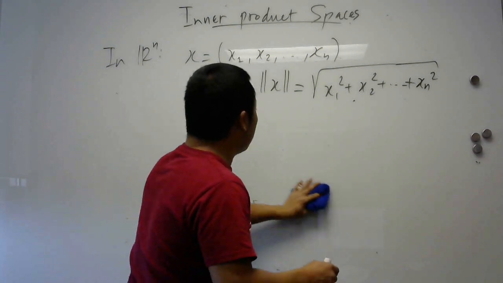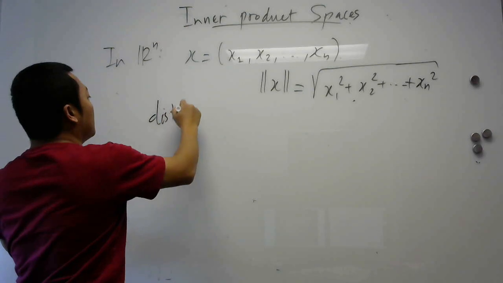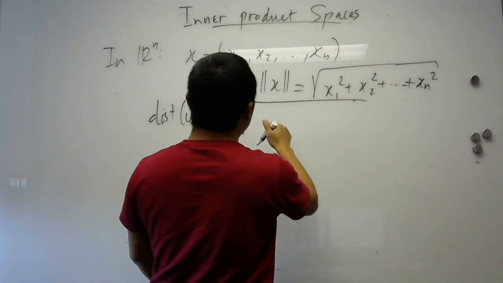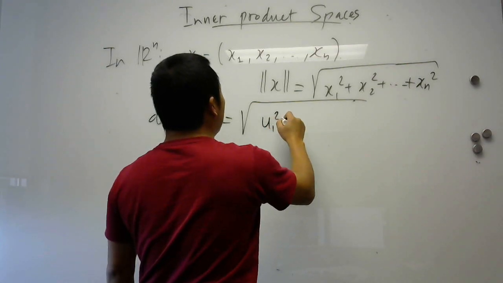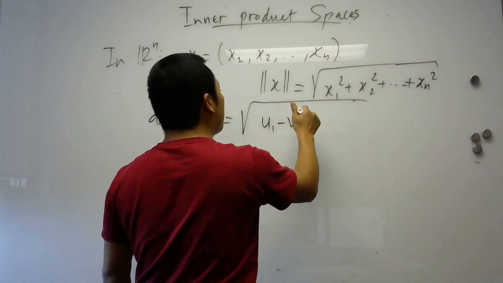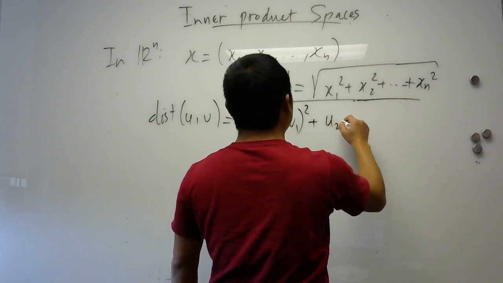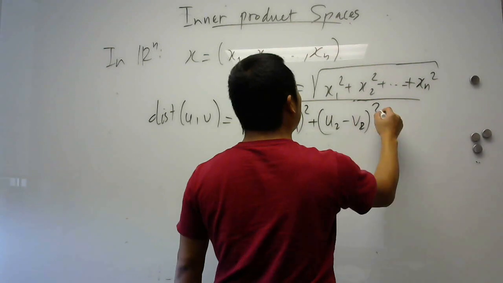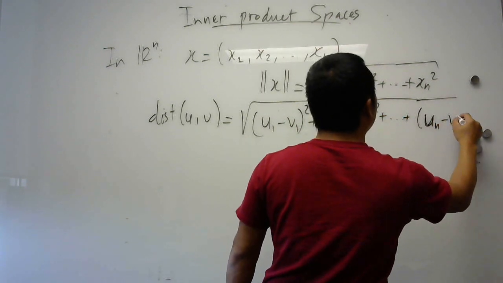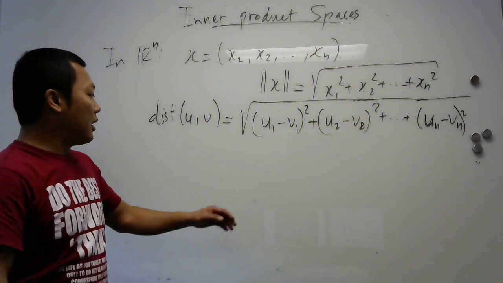So basically, the general formula of the distance between u and v is equal to the square root of u1 minus v1 squared plus u2 minus v2 squared plus so on plus un minus vn squared. So that is the distance.